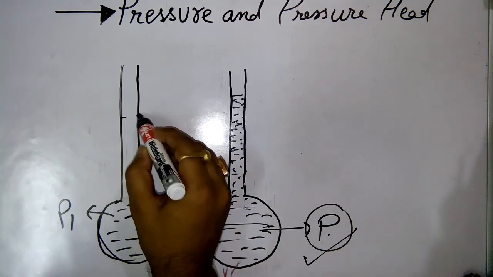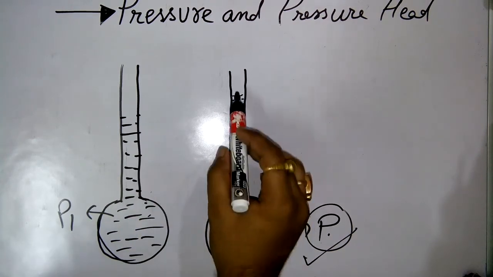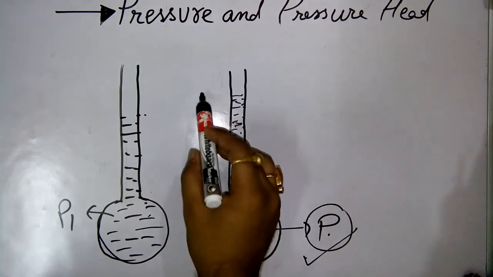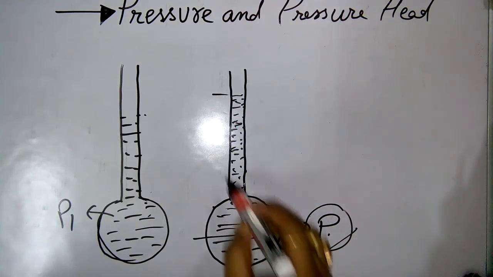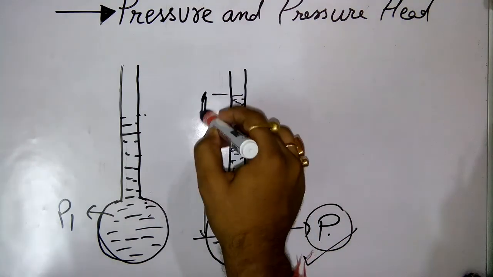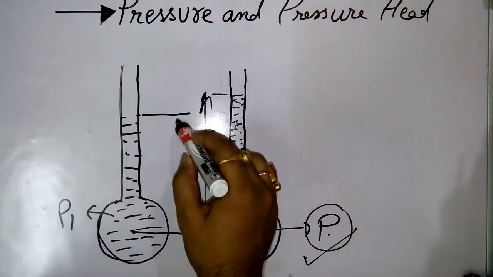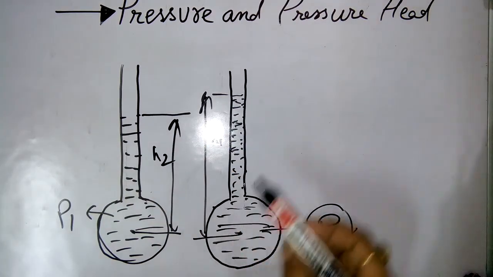Suppose the liquid has risen up to this height. Which height is more, this one or this one? Of course this height is more. Suppose this height is h1 from here, and this height is h2. So of course h1 is more than h2.